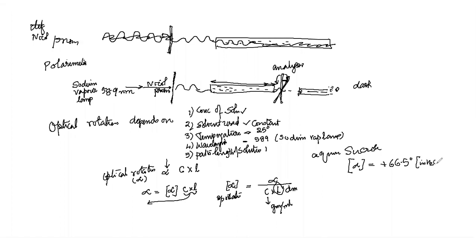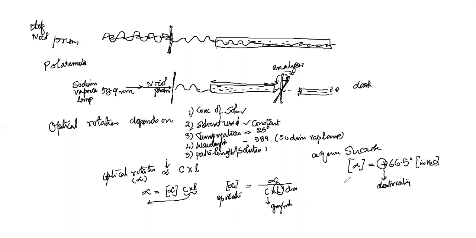So it mentions the solvent also. When there is a plus sign, that means the rotation is clockwise, and when it is positive, it is called dextrorotatory. Clear?